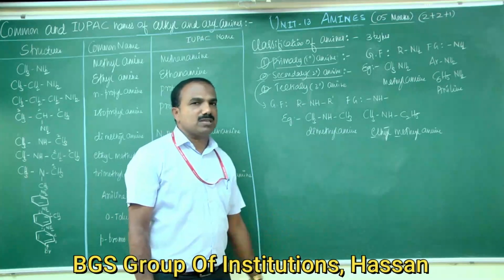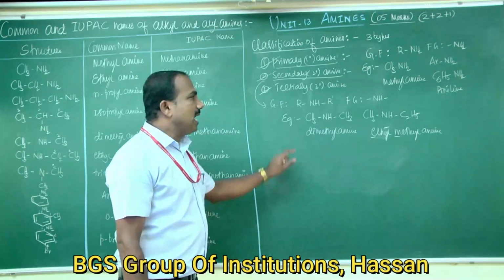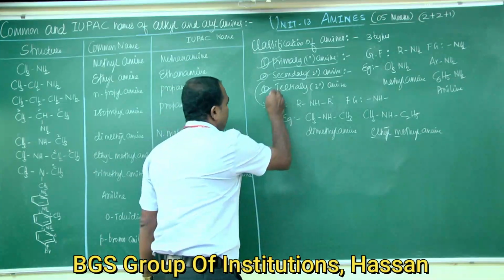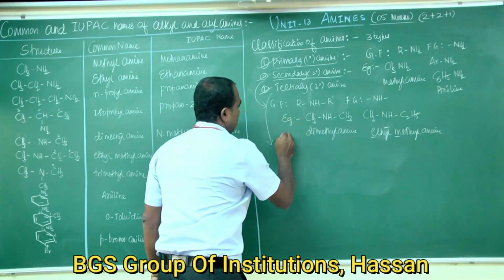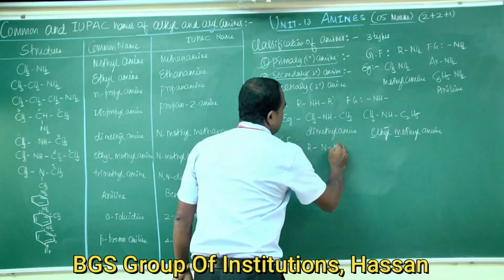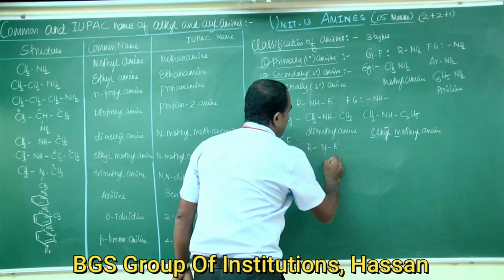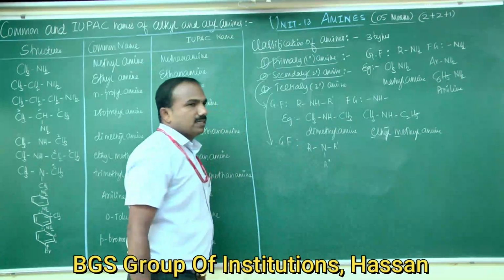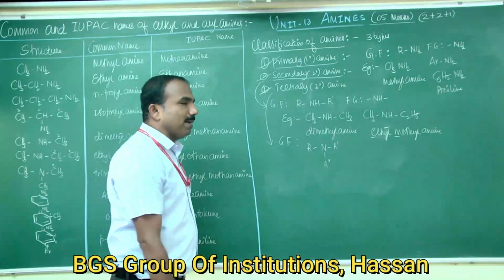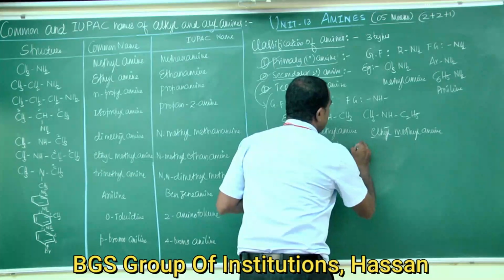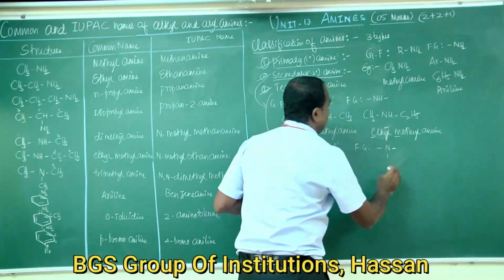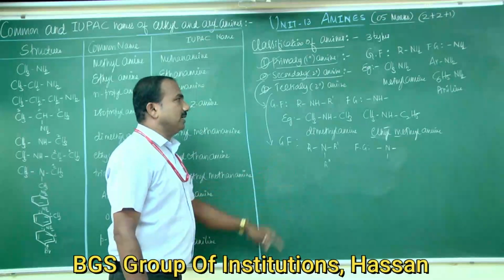The general formula for tertiary amine is R-N(R')-R'', where R, R' and R'' may be the same or may be different. This is the functional group for tertiary amine.